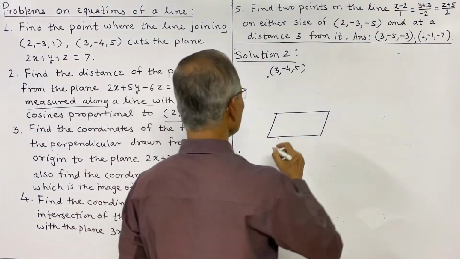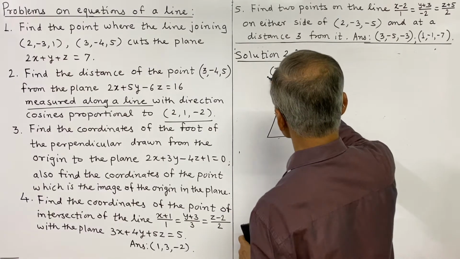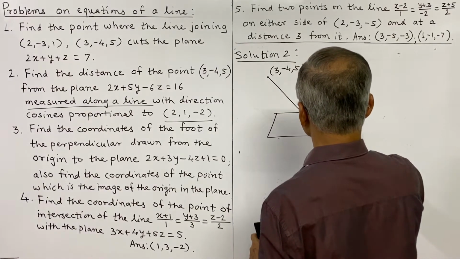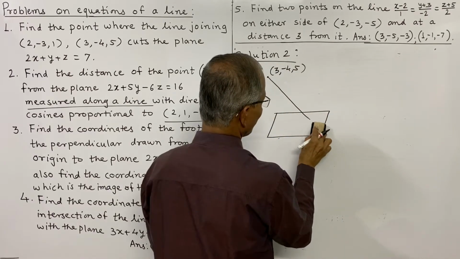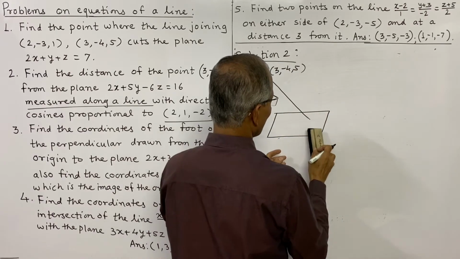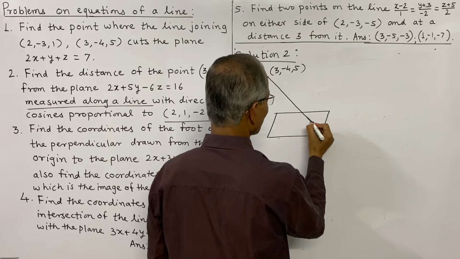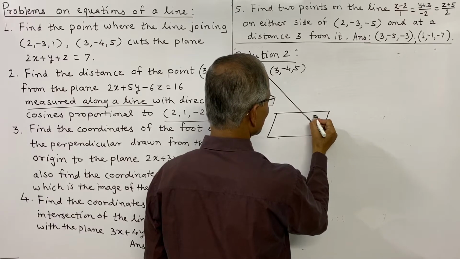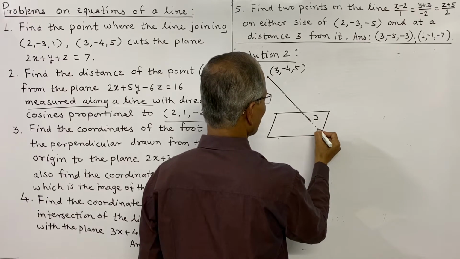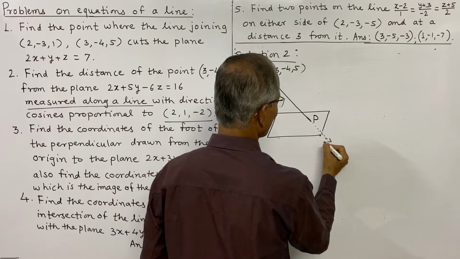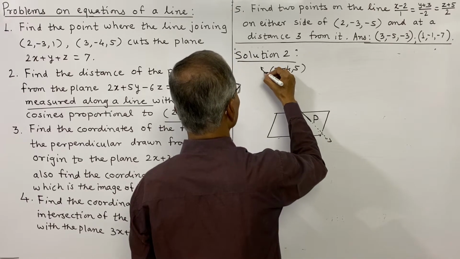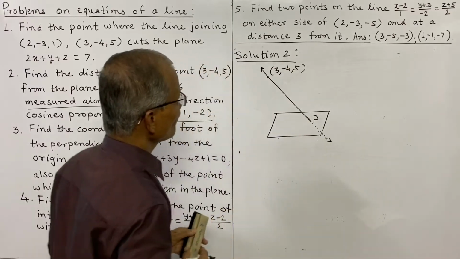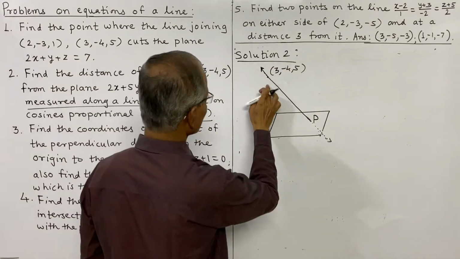And suppose the line may be of this type, and the line will cut or meet the plane at this point. It will proceed further, but we may show only this much. This is P. The line will cut the plane at this point, and so on. So we want to find out this distance.